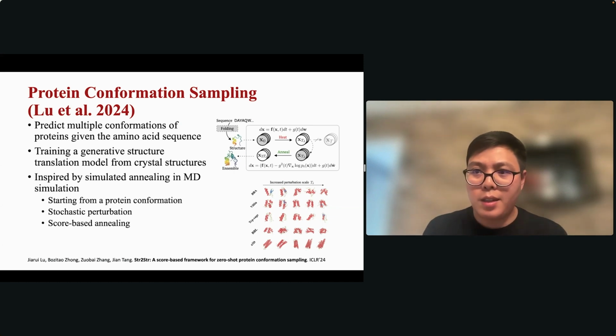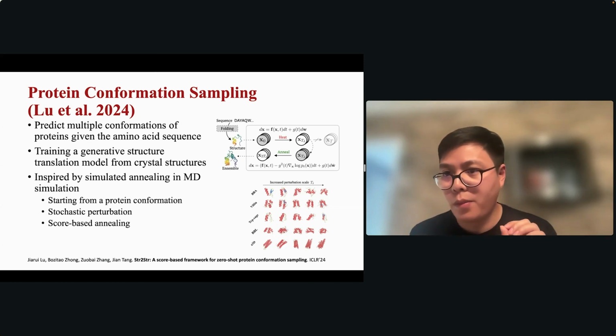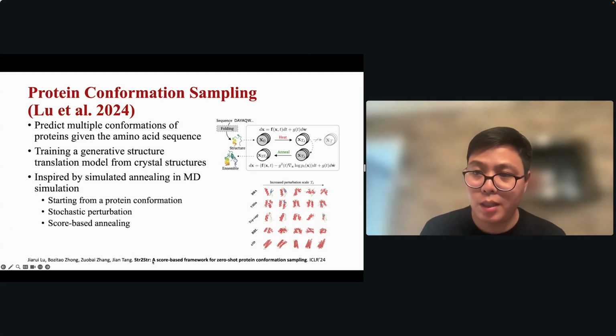The high level idea is we got some inspiration from traditional molecular dynamics approaches, especially the approach called simulated annealing. Then we train joint models, essentially diffusion models, to generate multiple conformations given a single amino acid sequence. I'm not going to details. This paper is accepted in this year's ICLR. Okay, so this is the second one.